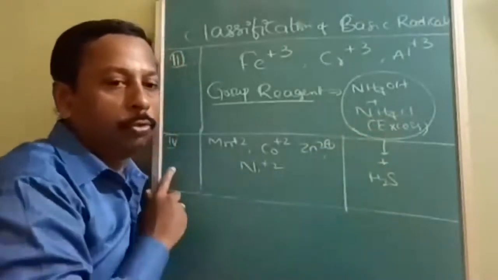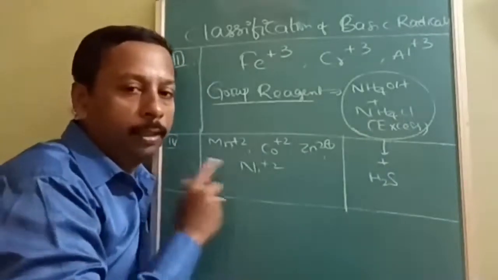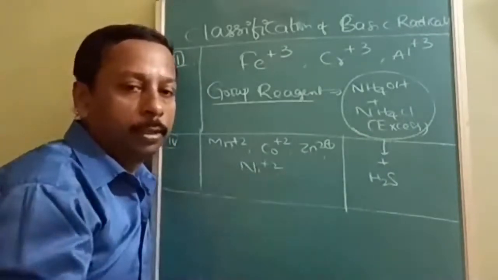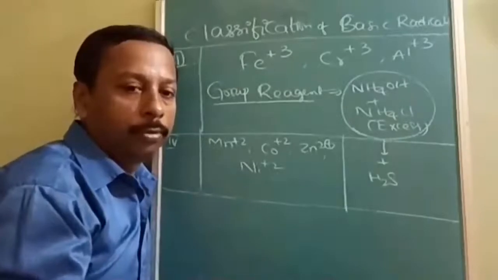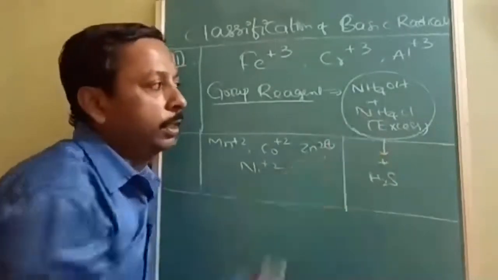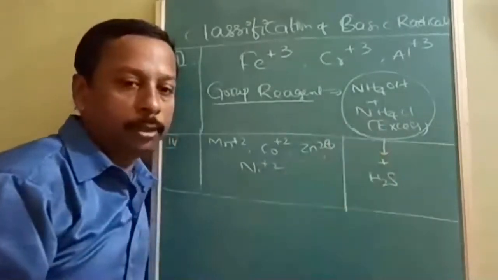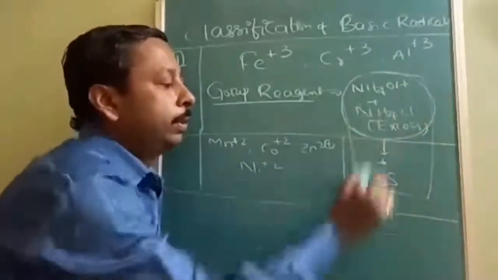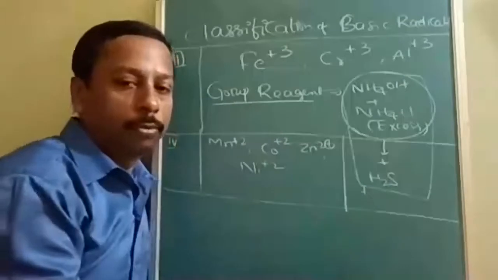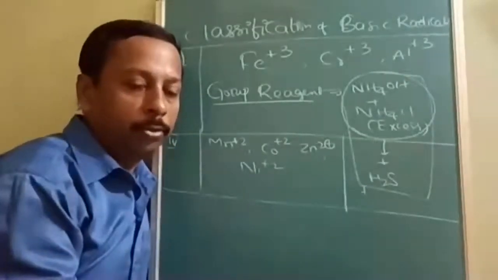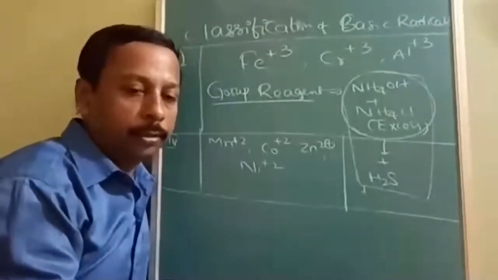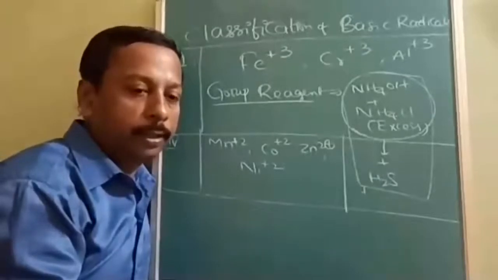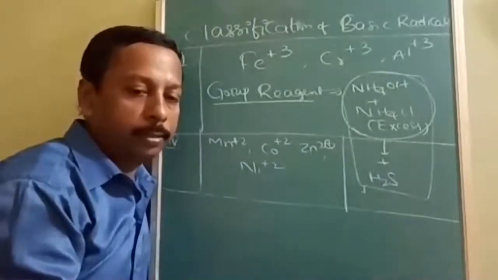So the group reagent for the fourth group will be NH4OH plus NH4Cl plus H2S. All these three will be the group reagent for the fourth group. So keep on noting. Then we will do the preliminary test and further tests with the same elements.